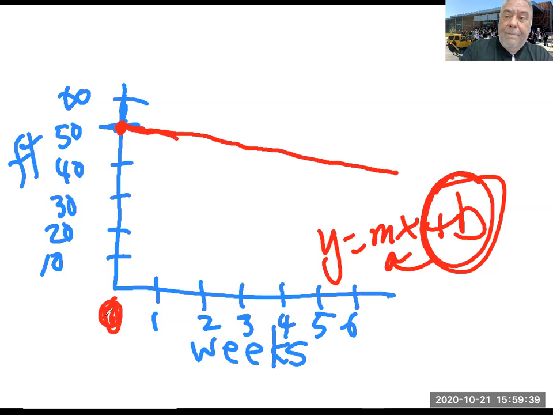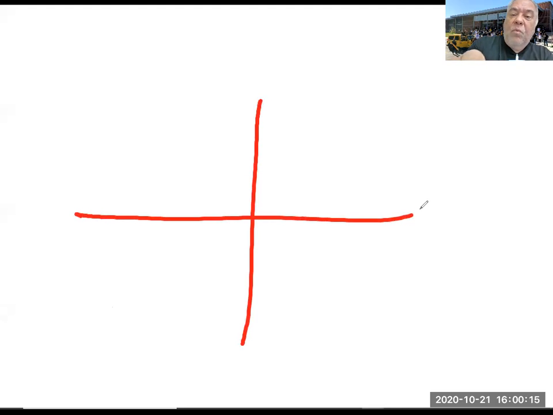So, for question number 12, it basically says which ordered pair best represents the location of the y-intercept. If you get a graph, remember what I've said, the y-intercept is always when x is equal to 0.